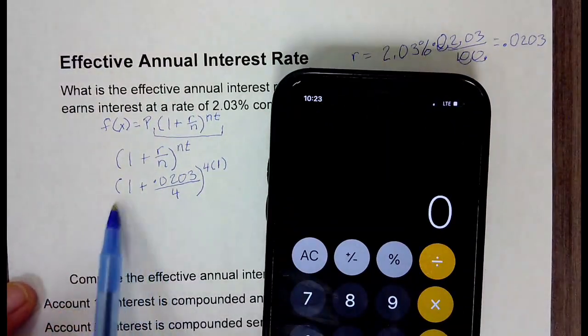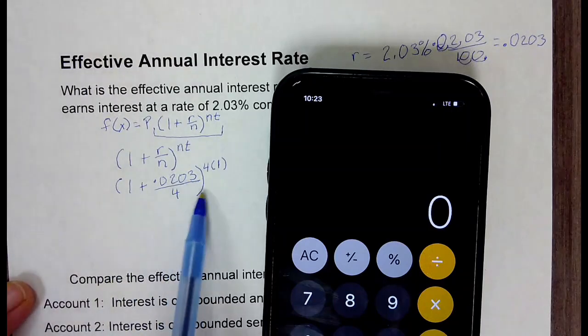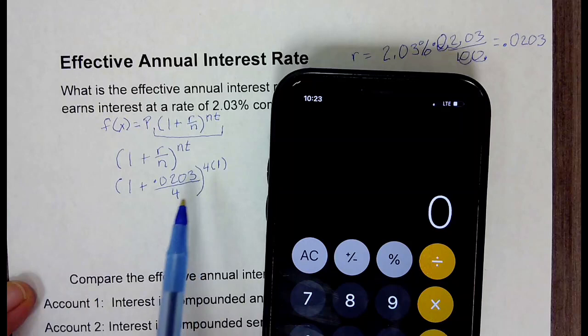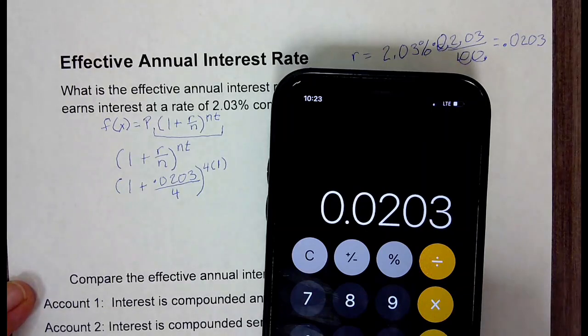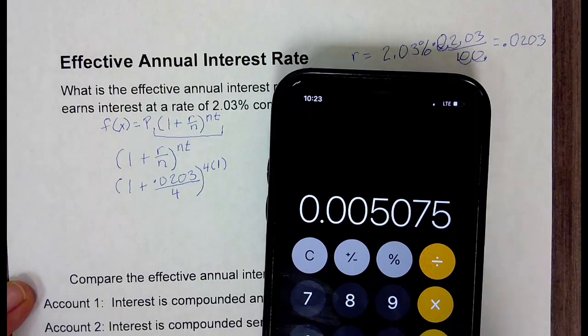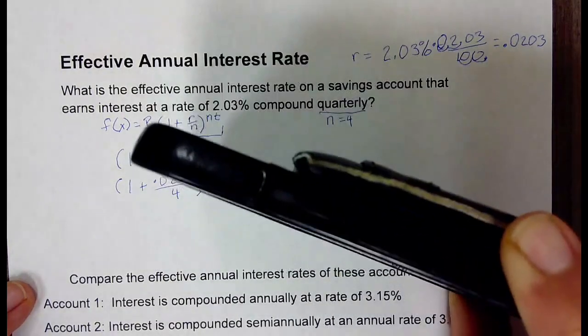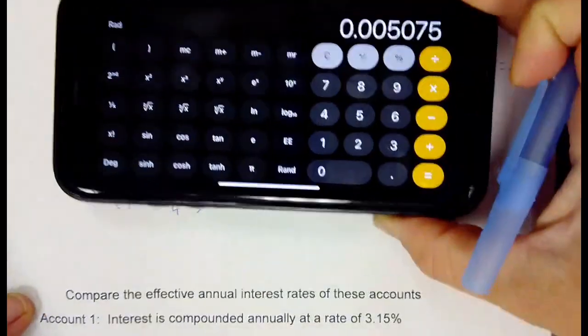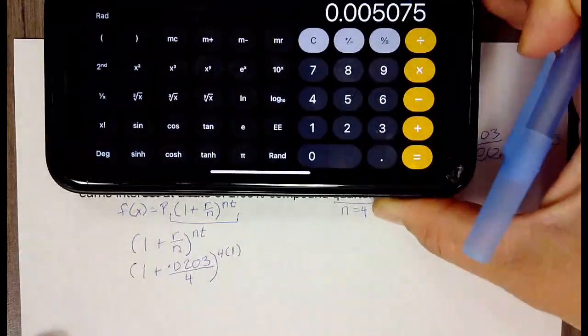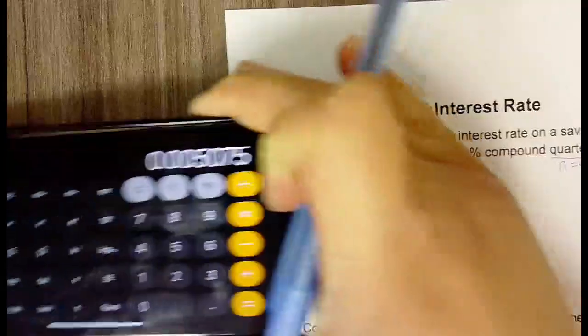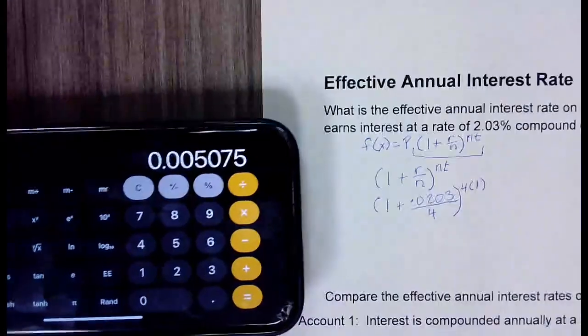In order of operations, it tells me to start inside the parentheses. And inside the parentheses, I'm going to look first at this division here. So 0.0203 divided by 4 equals 0.005075.